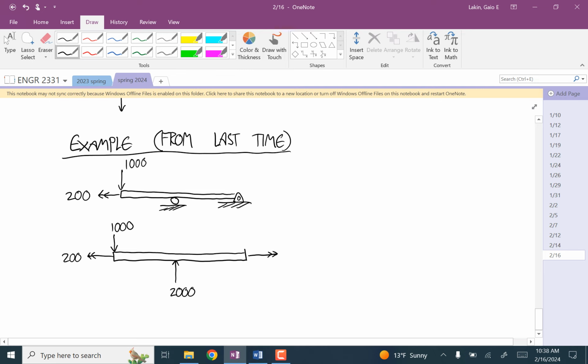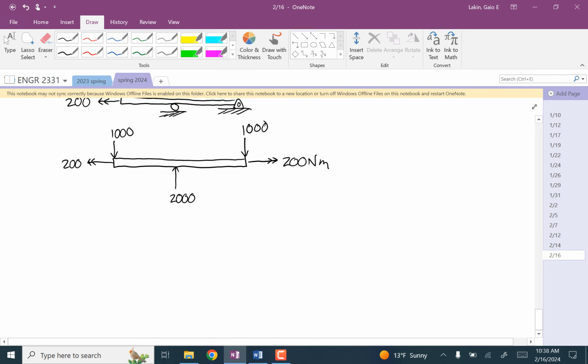And on the right side, we have a torque of 200 Newton meters and a downward force of 1,000. Okay, well, that all makes sense because of the symmetry of this thing.